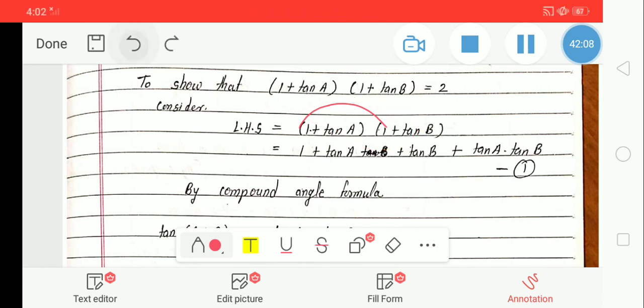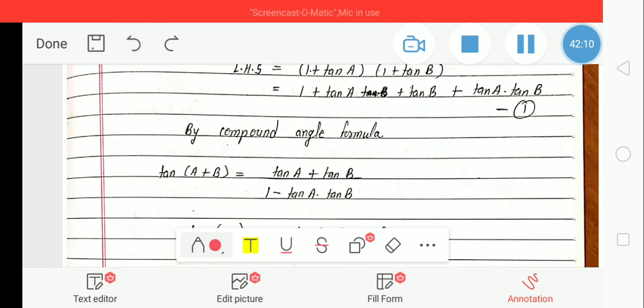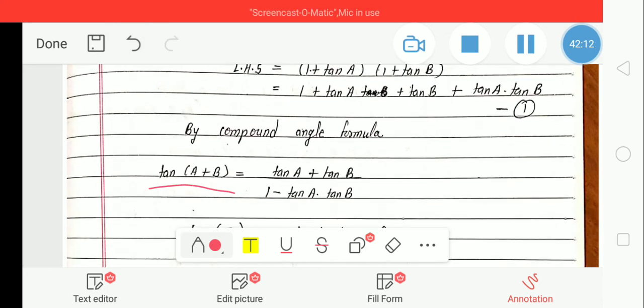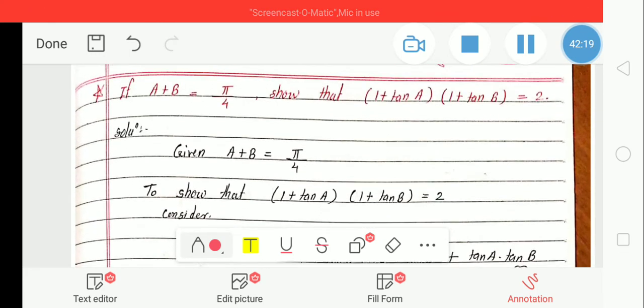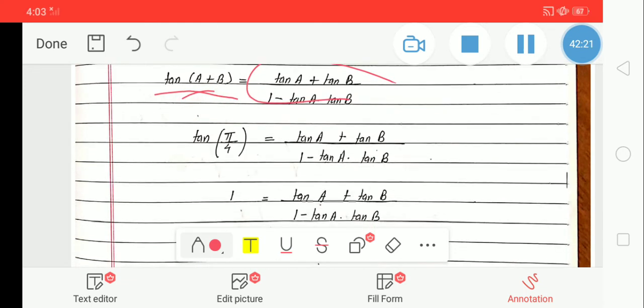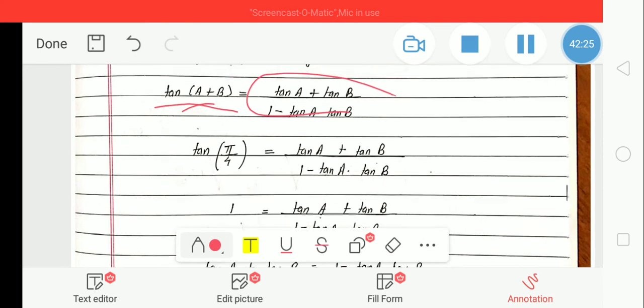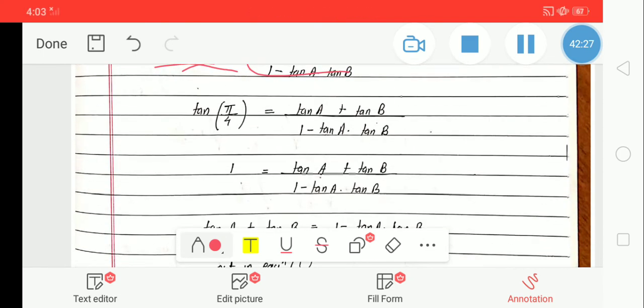So this is equation number 1. By the compound angle formula, tan(A plus B) equals tan pi by 4, since A plus B is given as pi by 4, so we write (tan A plus tan B) divided by (1 minus tan A tan B). We know that the value of tan pi by 4 is 1.